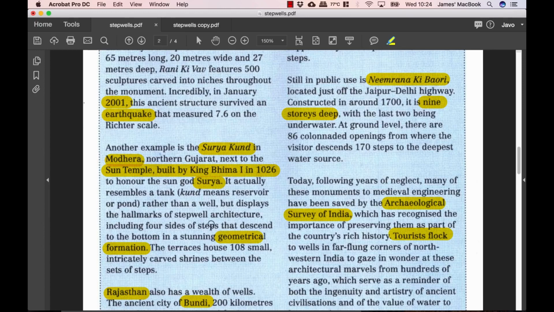Actually it resembles a tank, meaning a reservoir or pond rather than a well, but displays a whole step architecture. 4 sides of steps that descend to the bottom.